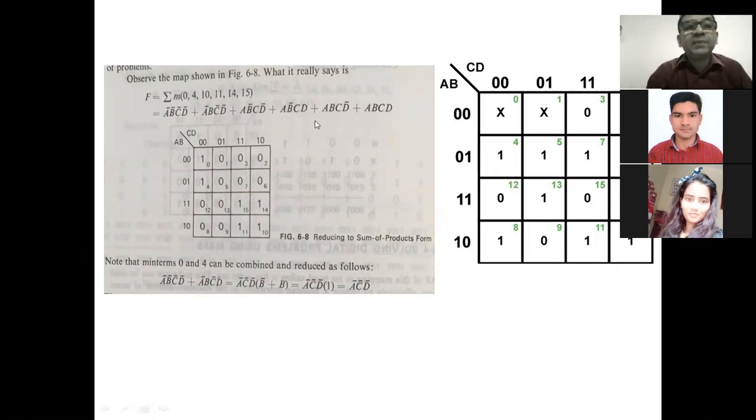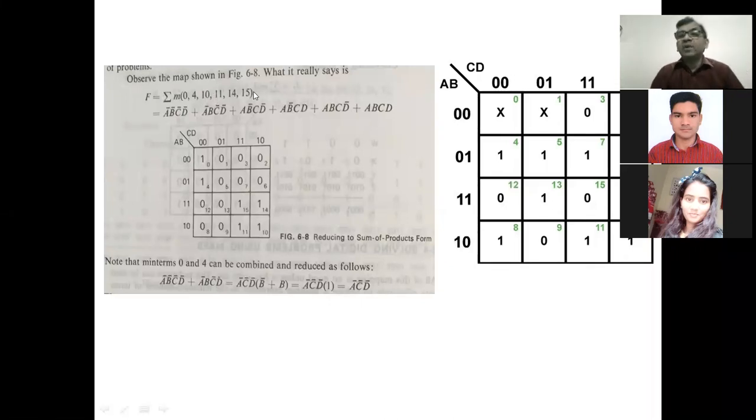So for example, I have taken only one example. We can go through the book of Gothmann. For example, if f is a function, this f is equal to summation of m 0, 4, 10, 11, 14, 15. So what is this 0, 4, 10, 11, 14, 15?